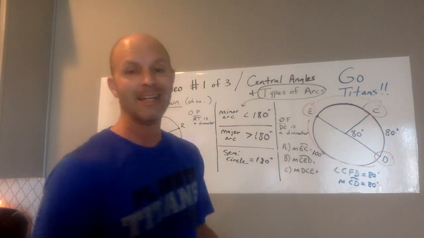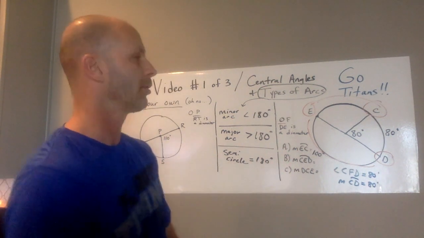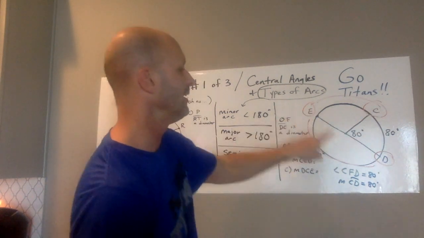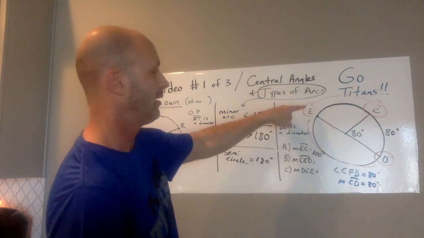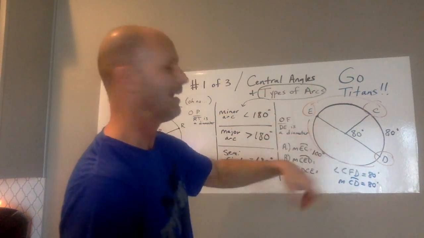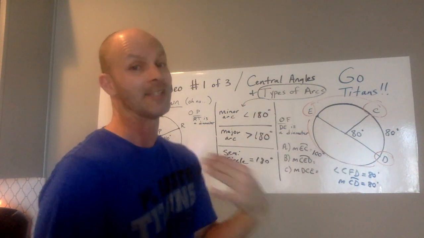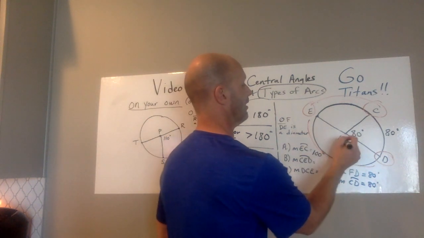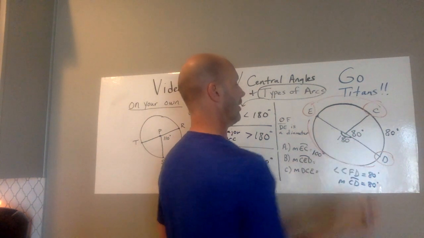Next one, CED. That's going to be a big arc here because we're going to go from C to E to D. Well, I know that since DE is a diameter, it's half the circle. That's a semicircle. That's 180 degrees. So I'm just going to fill that in with 180 right there.